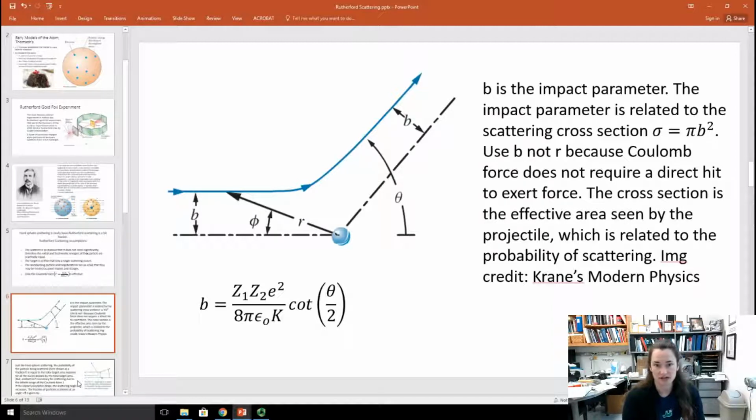All right, so that's the equation there. Now K here is the kinetic energy. You assume that when you're infinitely far away, you've got all kinetic energy, and the accelerating voltage times the charge will give you the kinetic energy of your particle. Okay? So that's your impact parameter b.